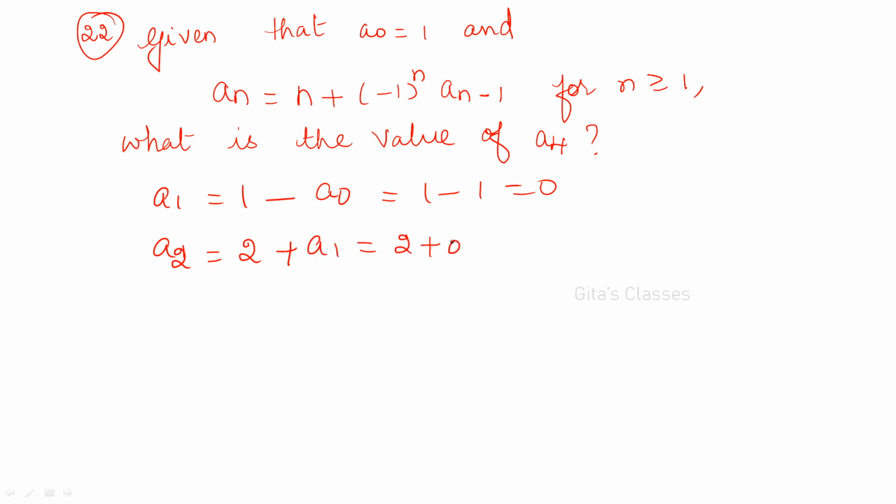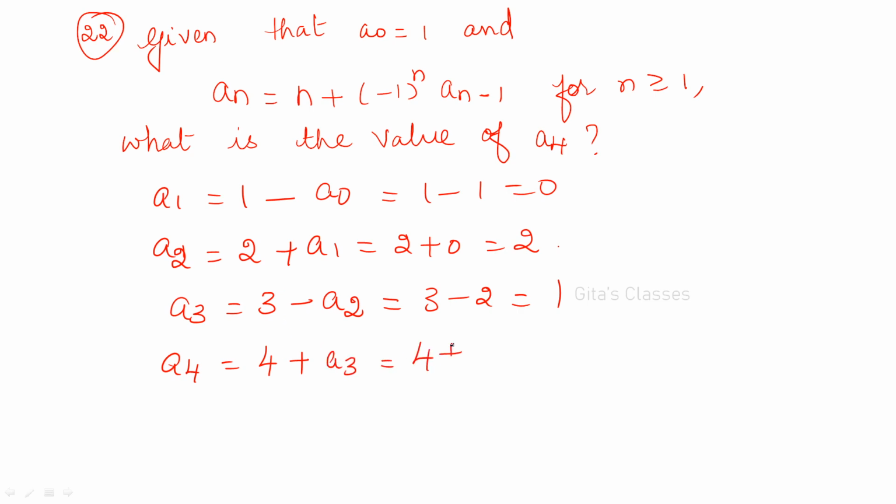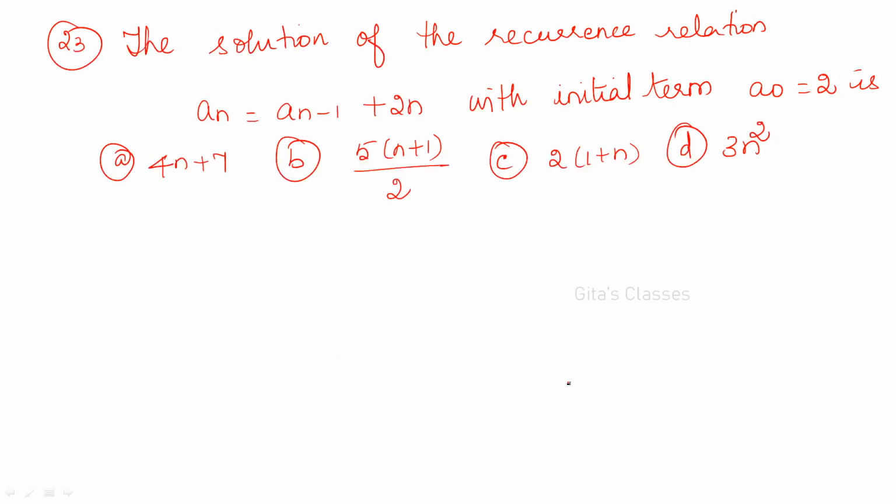That is 2 plus 0, which is 2. Similarly, a_3 is 3 plus (minus 1) power 3, that is minus a_2. So 3 minus 2, which is 1. And a_4 is 4 plus (minus 1) power 4 is plus 1, so plus a_3, that is 4 plus 1, which is 5. a_4 is asked, a_4 is equal to 5.